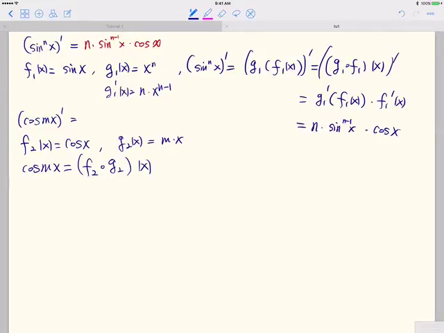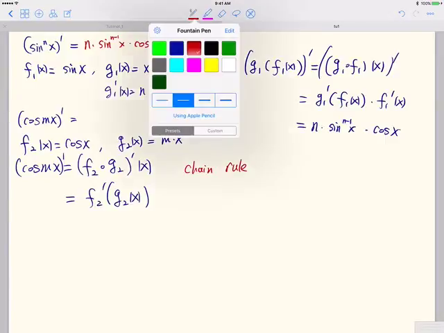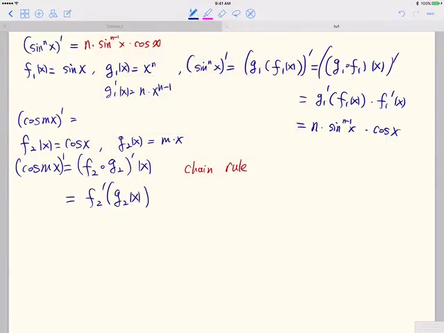So now the problem is easy. You just write down the derivative of this composition. So this one is f2 prime at the point of g2 x. Okay, remember this is a chain rule. I'll write down here. You can check this later in your textbook. So times g2 prime x. So what's f2 prime?